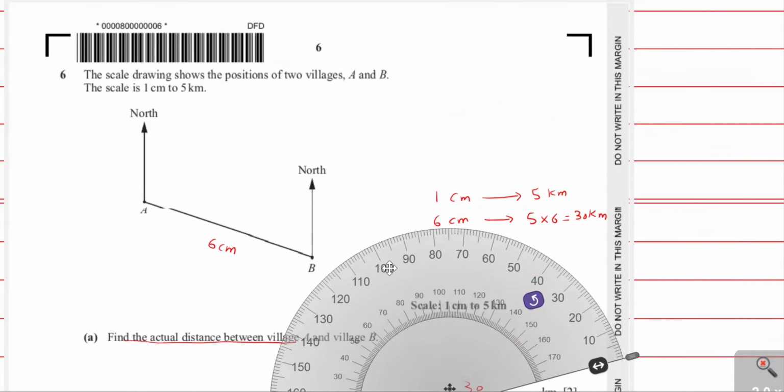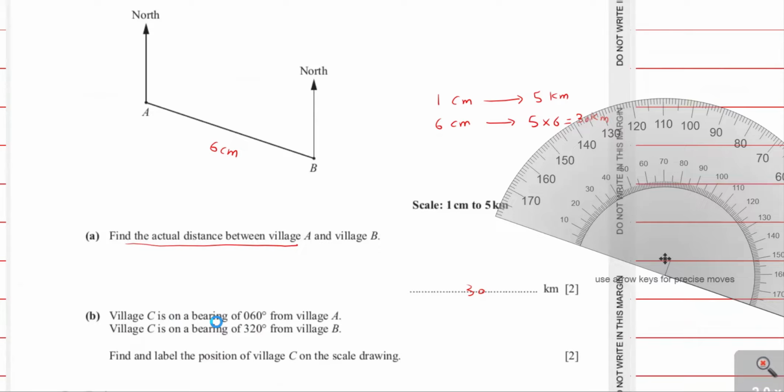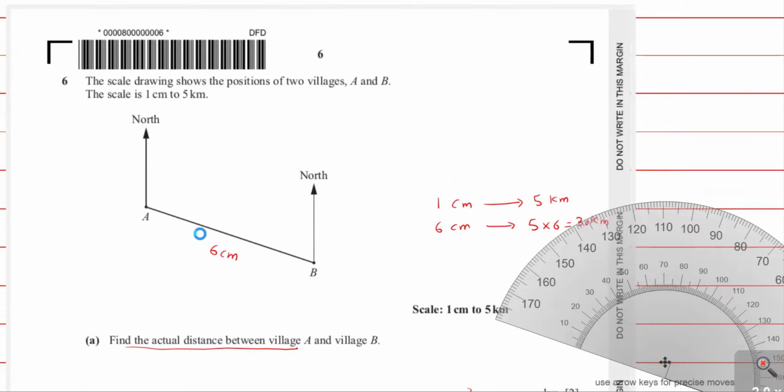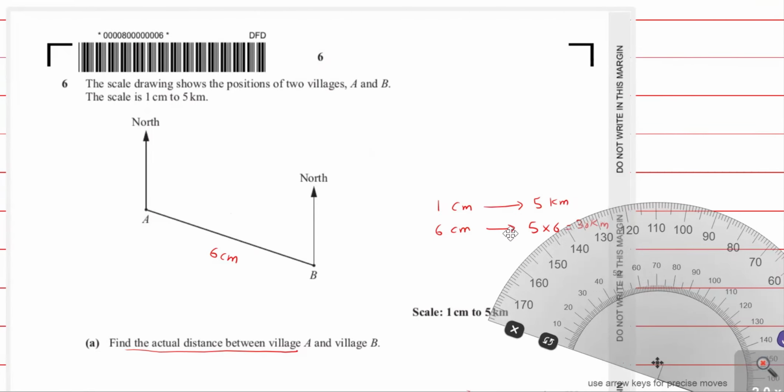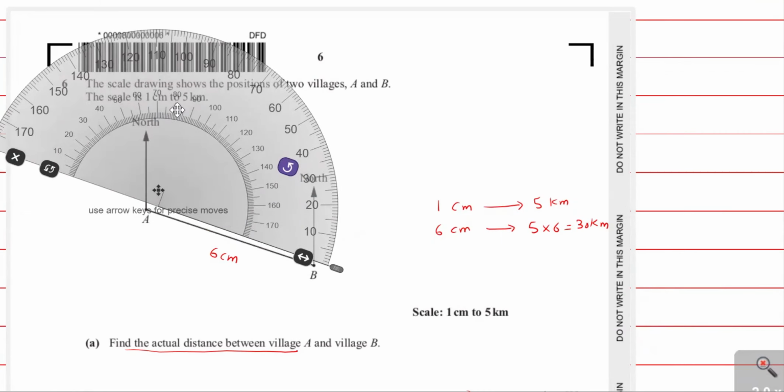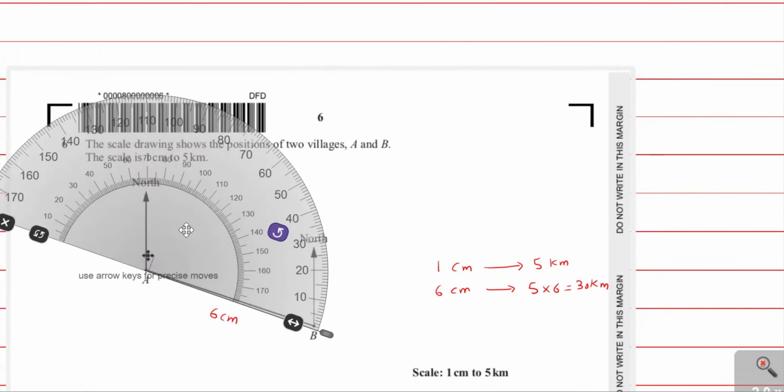Firstly, we will take the bearing of C, 60 degrees from village A. The bearing of C from A is the angle from the north at A towards C. Village C lies on this line. For an accurate value, we will take the 60 degrees by protractor.